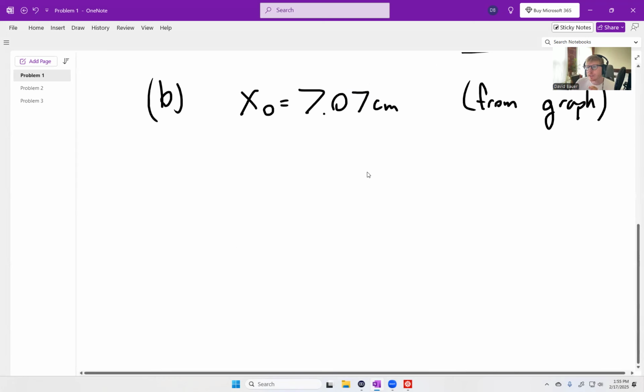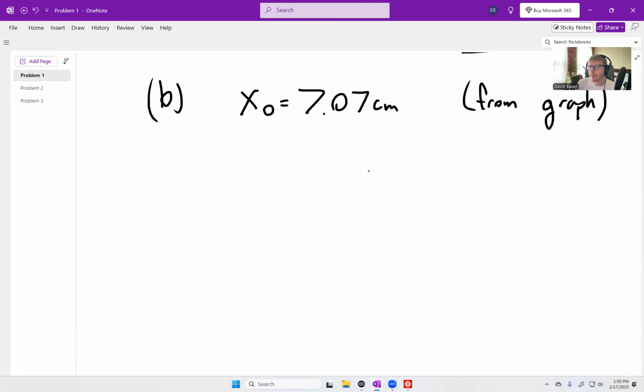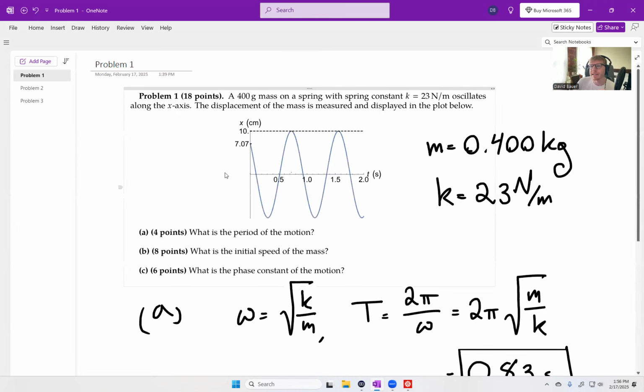We're given the amplitude is 10 centimeters. So anytime you have a problem that's asking you for speed, especially of a mass in simple harmonic motion, that should be a clue right away that you're probably going to want to use conservation of energy, because that's one thing that conservation of energy is really good at, giving us the speed of things.